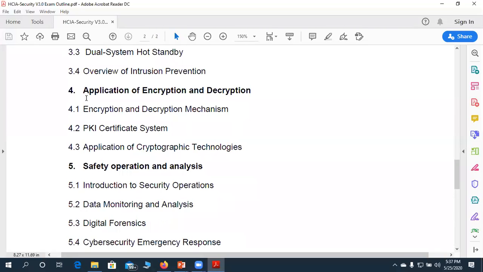And then module 4, this is where we're going to look at encryption and decryption mechanisms, the PKI, the public key certificate system, and then the application of cryptographic technologies.